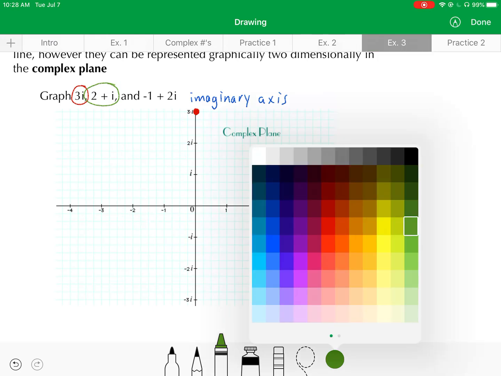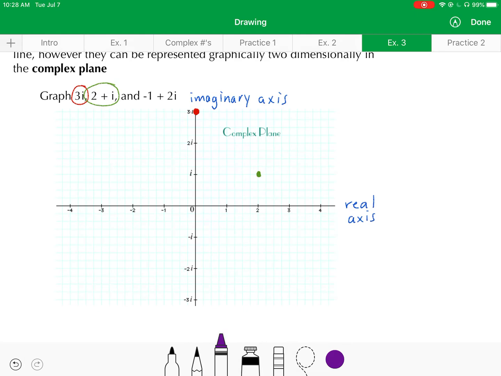Okay. All right, and then lastly, driving the point home, what if we wanted to plot negative 1 plus 2i? So from the origin, go 1 to the left on the real axis, and then move 2 units up on the imaginary. Right there. Okay.